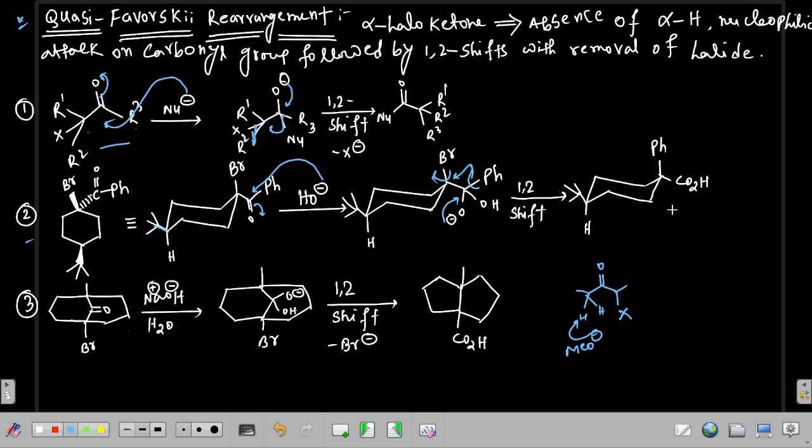So it leads to the formation of these products. We'll convert this chair conformation to the actual structure.